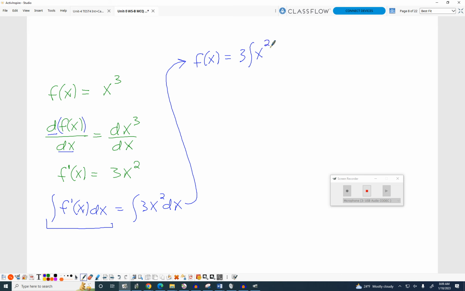I'm sorry, x squared. We'll go to Matthew here. So Matthew looks on his brand new blue sheet. He looks at the top left corner. He says a rule that says the antiderivative of x to any exponent. So what is this the same as according to that rule sheet, Matthew?